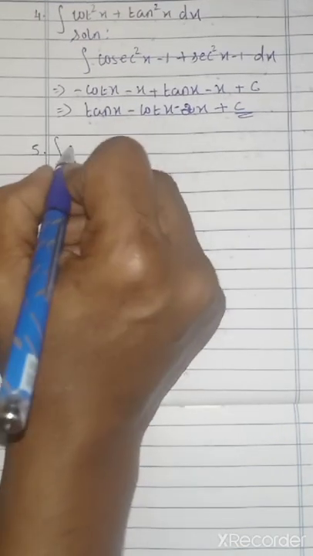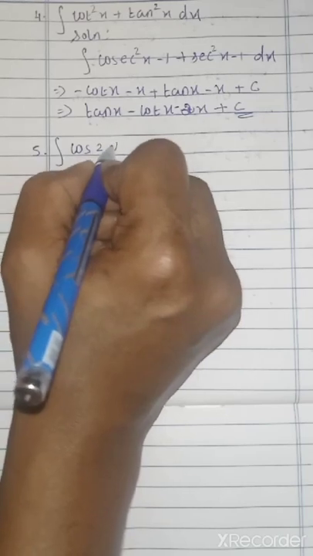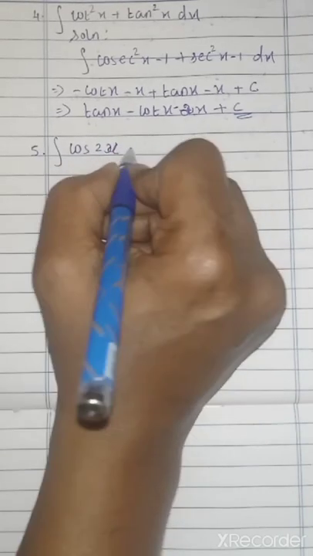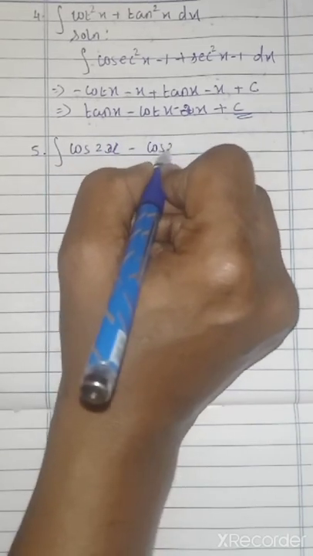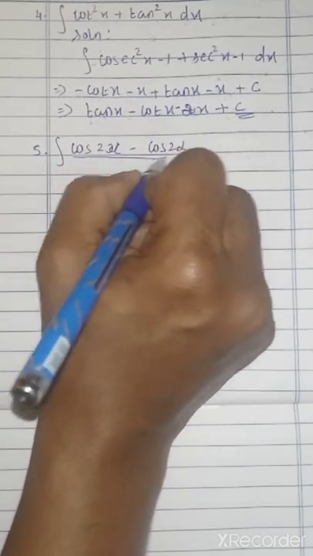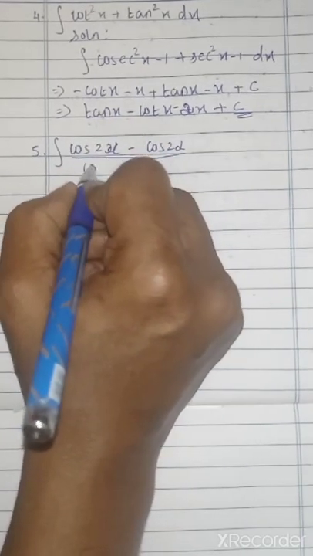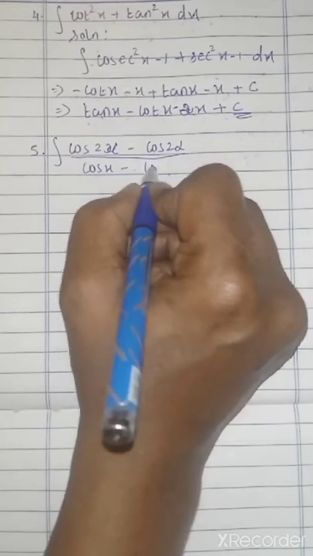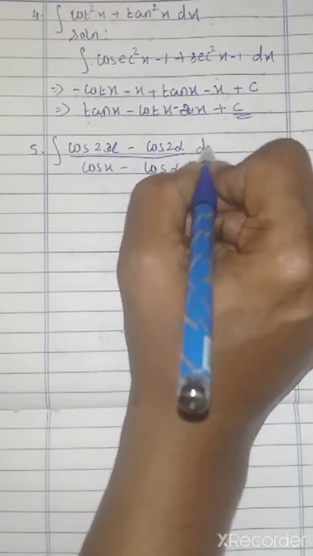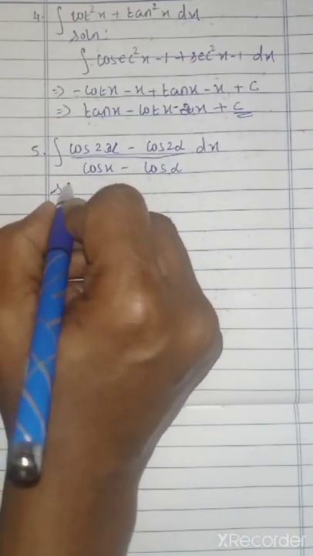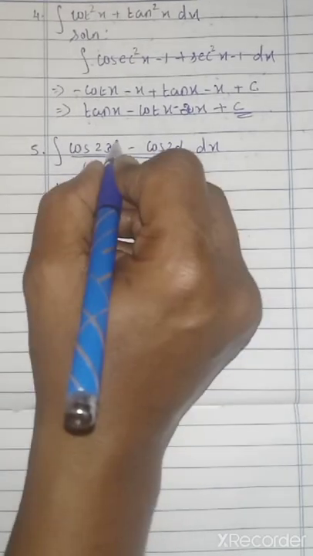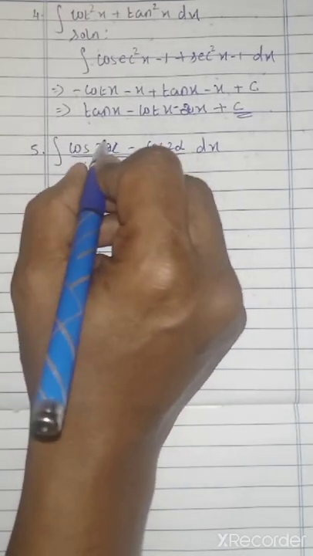Integral cos 2x minus cos 2 alpha divided by cos x minus cos alpha dx. Okay, so we can take the solution. Cos 2x we have formula.